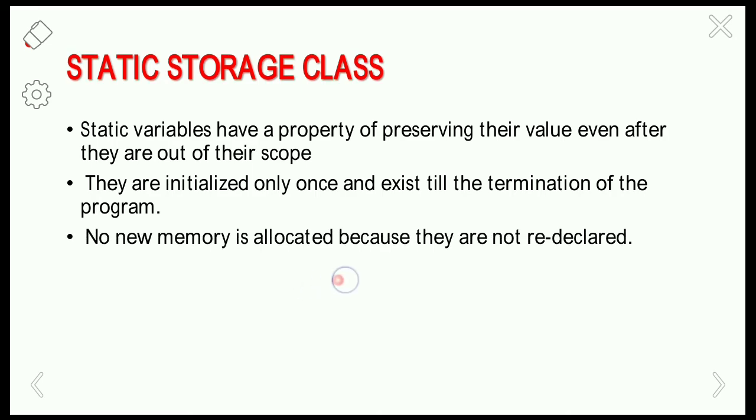No new memory is allocated because they are not redeclared. Normally in the case of the automatic storage class, the variable is redeclared every time the function is run. But here in the static storage class, they are not redeclared and no new memory is allocated.